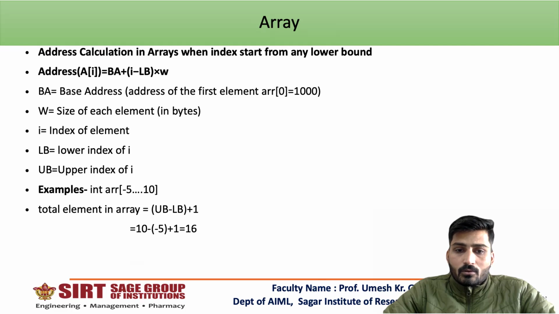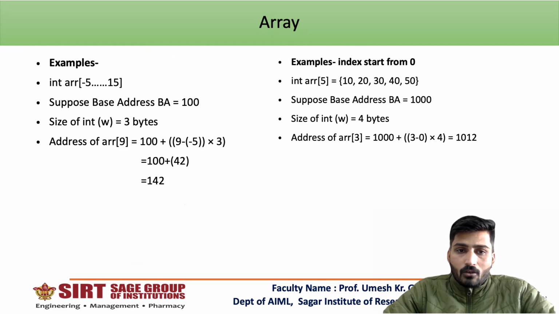Total elements is 16. Suppose I want to find the address of arr[9] in this example. Here I is 9, the base address of the array is 100 and W is 3, which means an integer takes 3 bytes of memory.